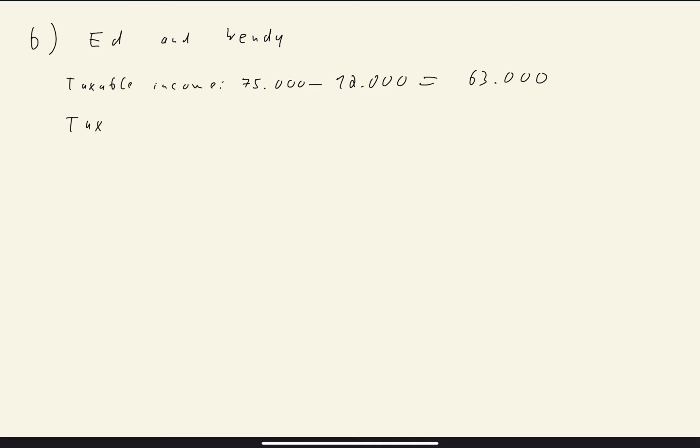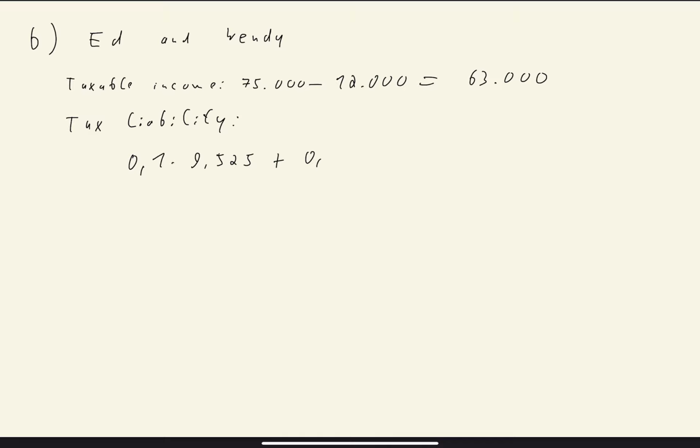So the tax liability is then the following. For the first $9,525, they pay 10%. So it's 0.1 times 9,525. For 9,525 up until 38,700, they pay 12%.